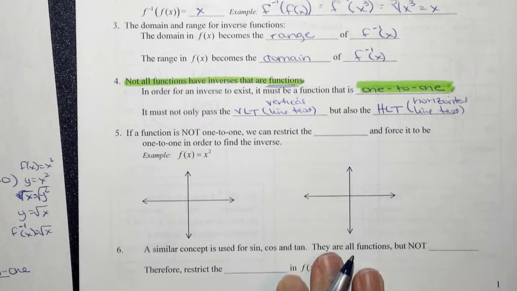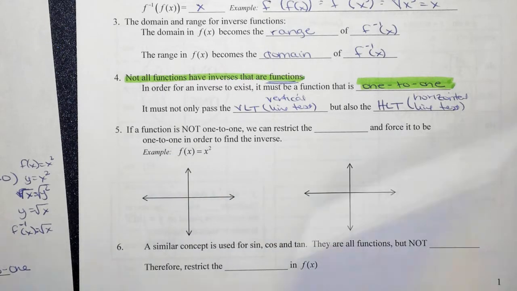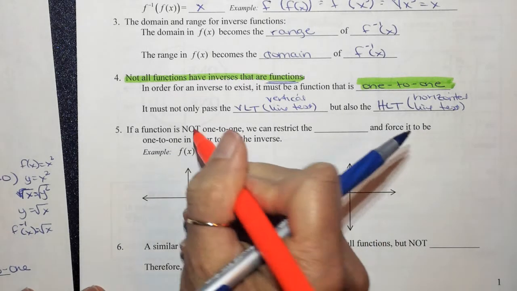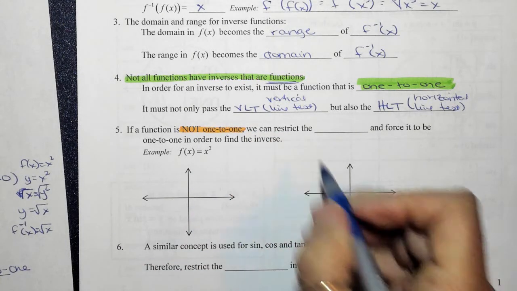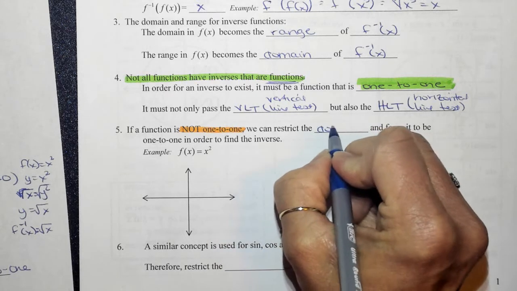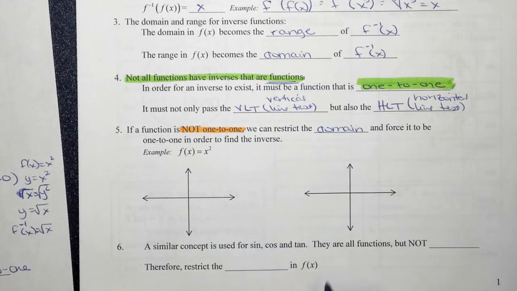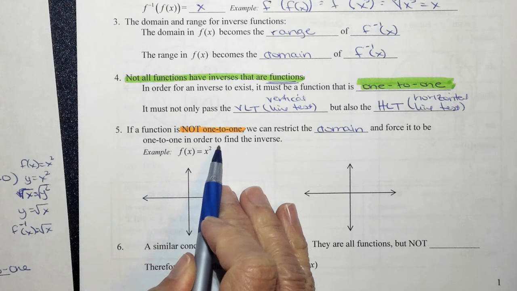So, if a function is not 1 to 1, meaning it does not pass the horizontal line test, we can restrict the domain and force it to be 1 to 1 in order to find the inverse.